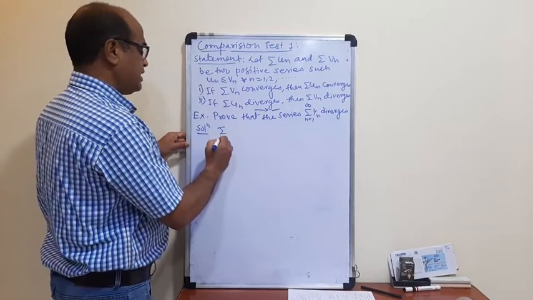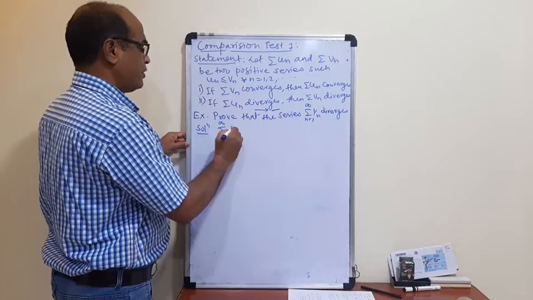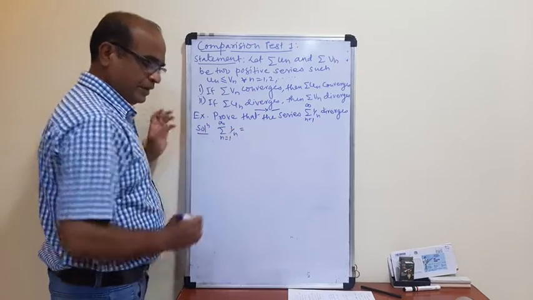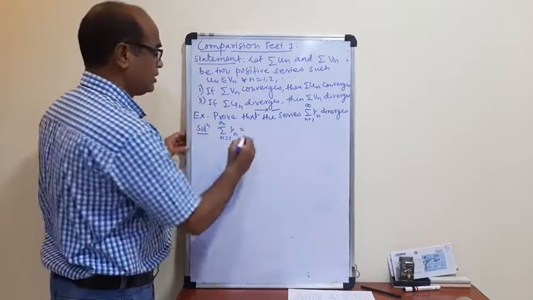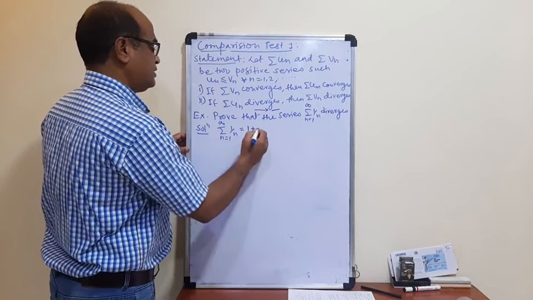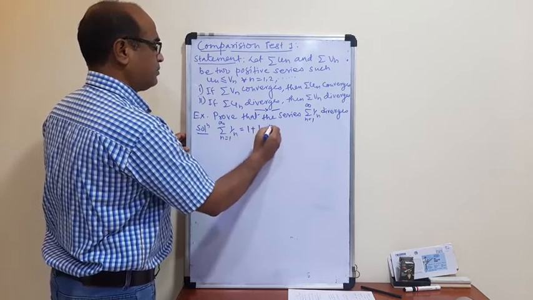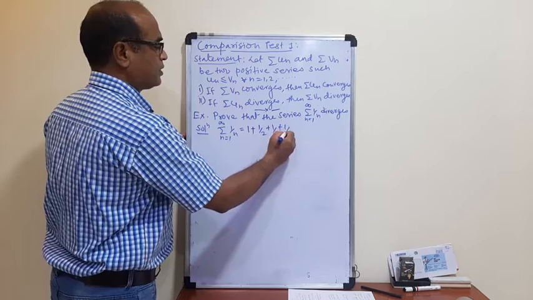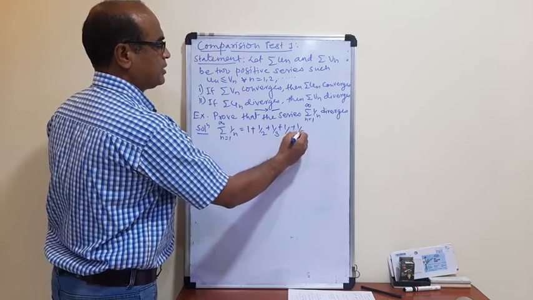So we consider the series 1 upon n that is given here. Putting n equal to 1, 2, 3 and so on, we get 1, 1 half, 1 third, 1 by 4, plus 1 by 5 and so on.